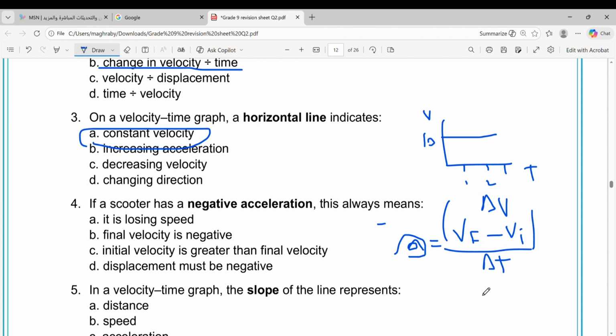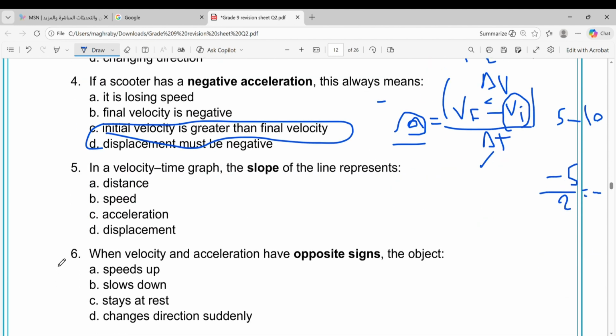So how can you make delta v negative? You have to make the v initial larger than the v final, because for example if the v initial is 10 and the v final is 5, 5 minus 10 gives negative 5. Negative 5 over any delta t, like 2, the answer will be negative 2.5. So the acceleration will be negative. So we say when the initial velocity is greater than the final velocity.